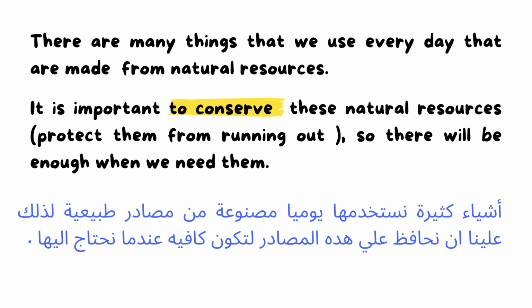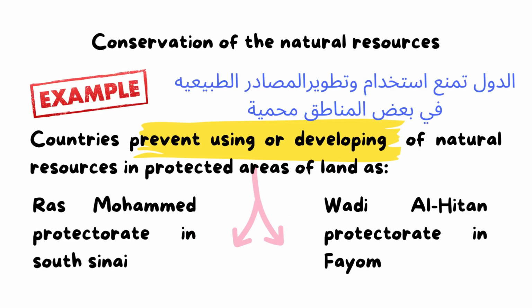Okay, so now we want to know how to conserve natural resources, okay, because it's very important. So now conservation of the natural resources. Okay, as we have ways to conserve the natural resources, we will take an example now.